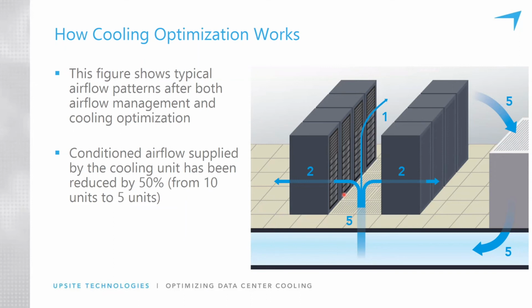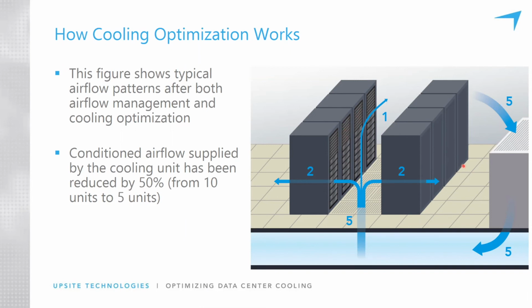Just before we go on, I want to say the amount that we can reduce the fan speed is dependent on how much airflow management has been implemented in the room. We couldn't do this if there were missing blanking panels in these cabinets.